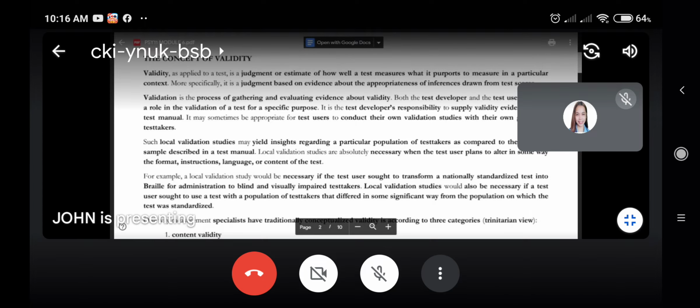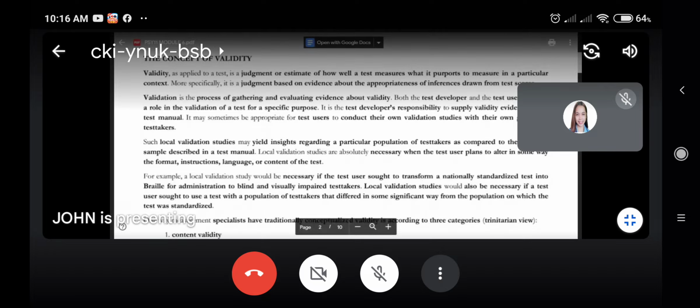It is your responsibility as a test developer to supply validity evidence in the test manual, or once you do a test, you need to ensure that the test is valid, so that as you develop the test manual, you can specify there the amount of validity that the test has.